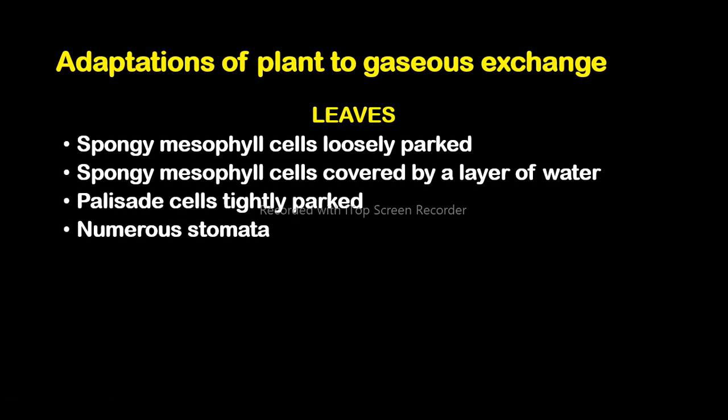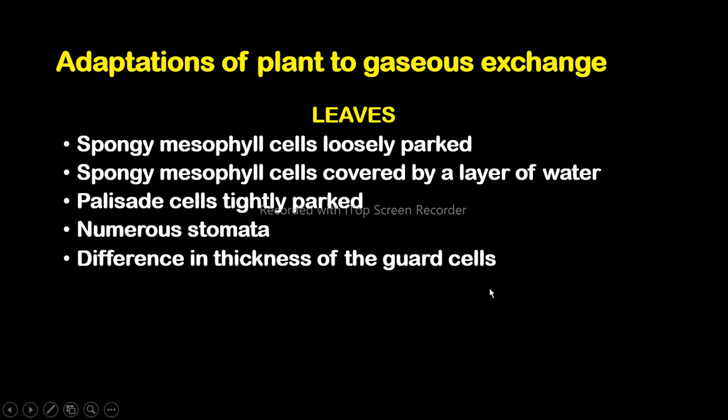Remember, these are holes, these are channels over which the gases will pass both in and out. They work the same way as your nostrils. Those nostrils also allow entry of air and exit of air. So the same applies to these. Leaves have very many, and these numerous stomata increase the rate of respiration.